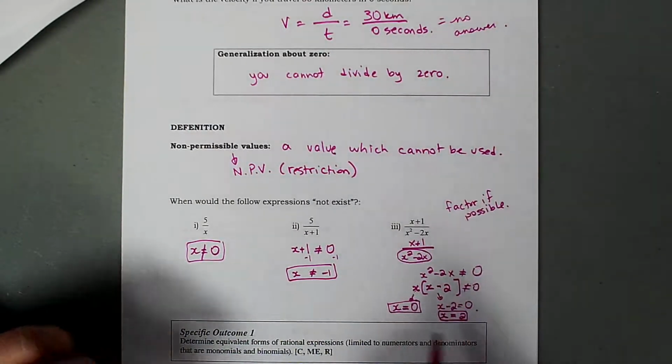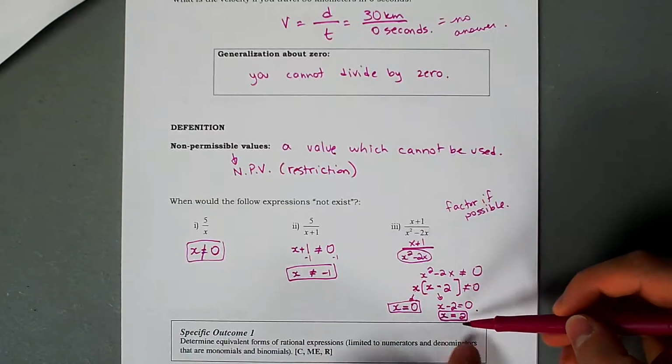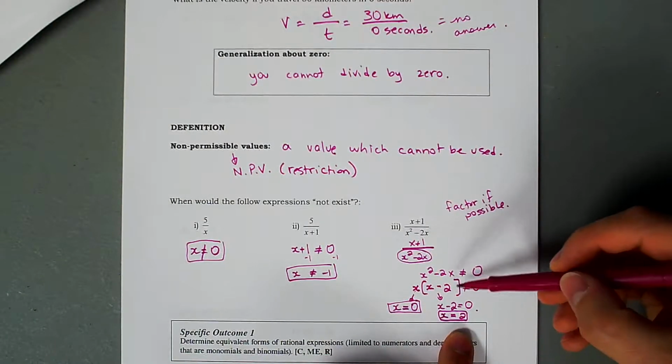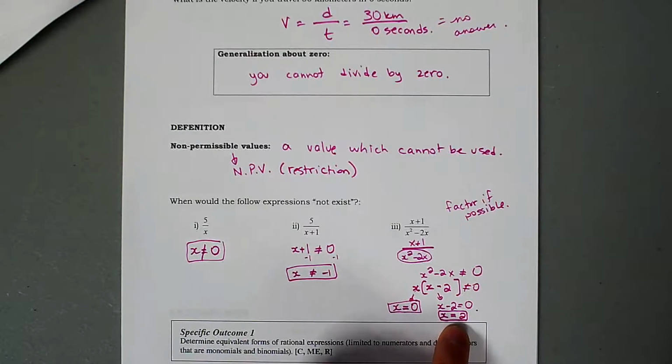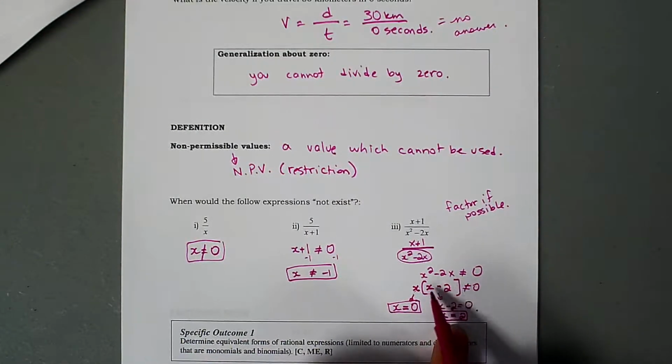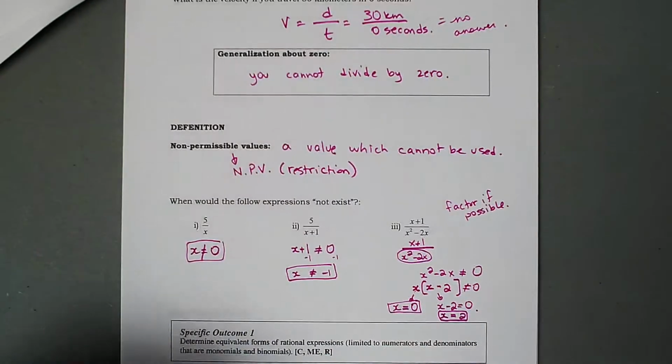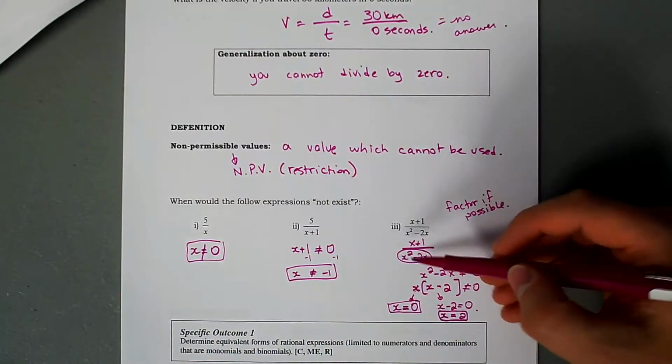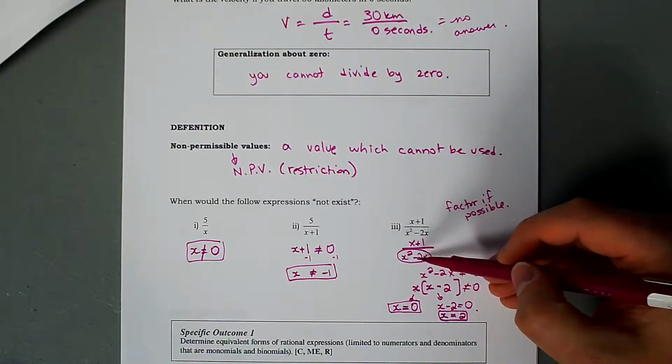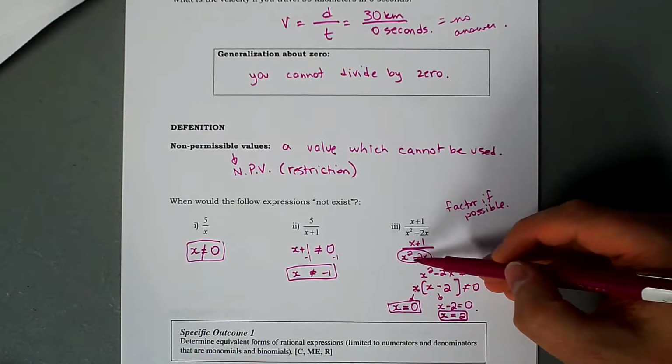And now if we think about these two values and why it works, if I say x equals 2, at any point along here, if I plug a 2 in, it's going to give us a problem. 2 minus 2 makes this bracket a 0. 0 times 2 is a 0. This whole thing is back to a 0, and that's not good because this is the bottom. 2 squared minus 2 times 2, that's a 4 minus 4.